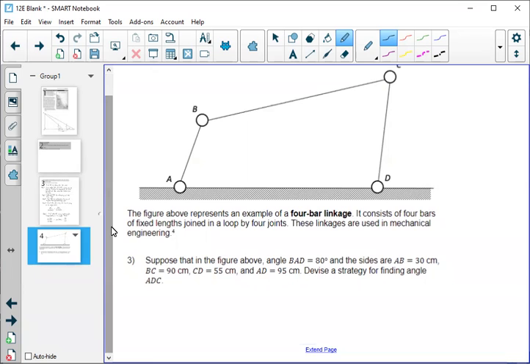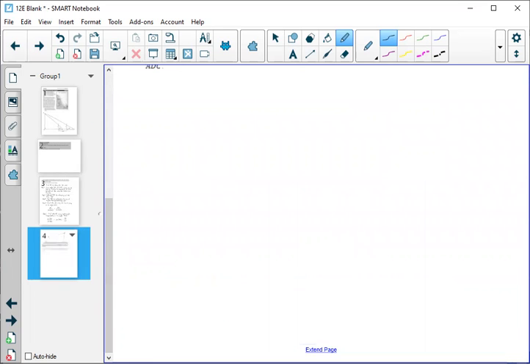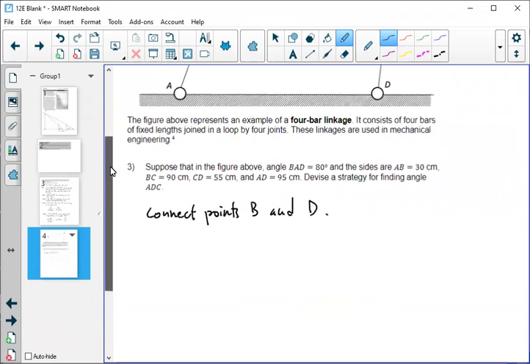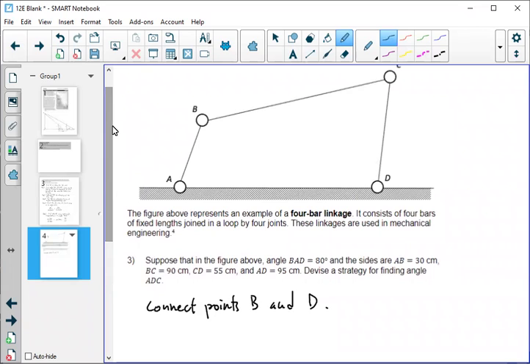Let me scroll this down, extend the page here again. Okay, so what we could do is, if we write these out, first we could connect points B and D. So if we go back up here and just connect these, there we go.